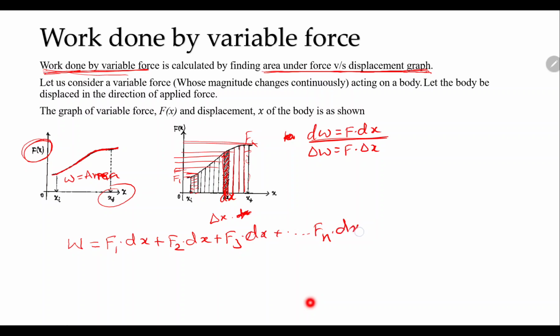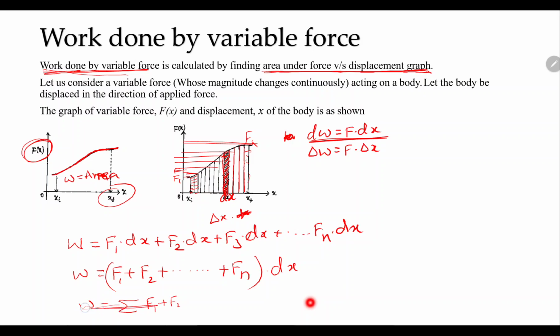Fn dx. So you can take dx common here. Work done is equal to F1 plus F2 plus so on up to Fn, times dx. Now, W is equal to, if you add all the forces, you get F1 plus F2.